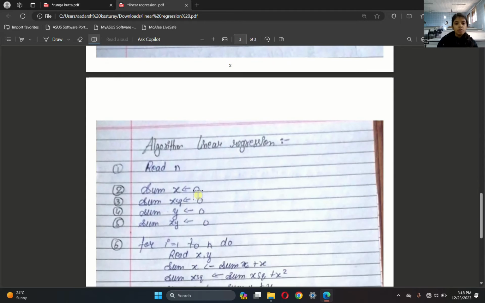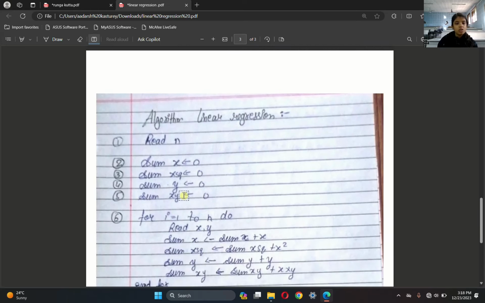Now we will see how to write the algorithm for linear regression. First we start the algorithm, then we read n, then we initialize sum x with 0, sum x sq as 0, sum y as 0, and sum xy as 0.